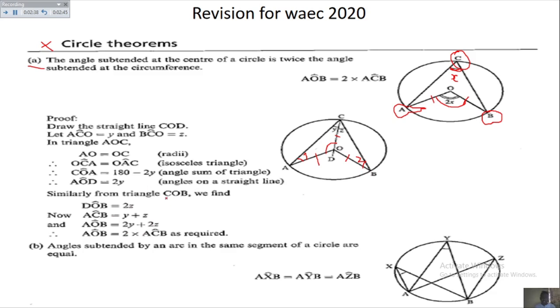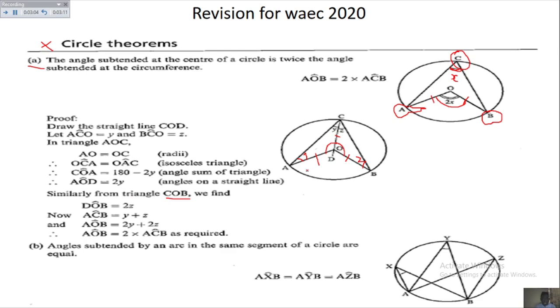If you are considering angle COB, this is Z. To get this particular angle, it will be Z plus Z plus this, which equals 180, the sum of angles of a triangle. By the time you do that, you get this particular angle as 180 minus 2Z.